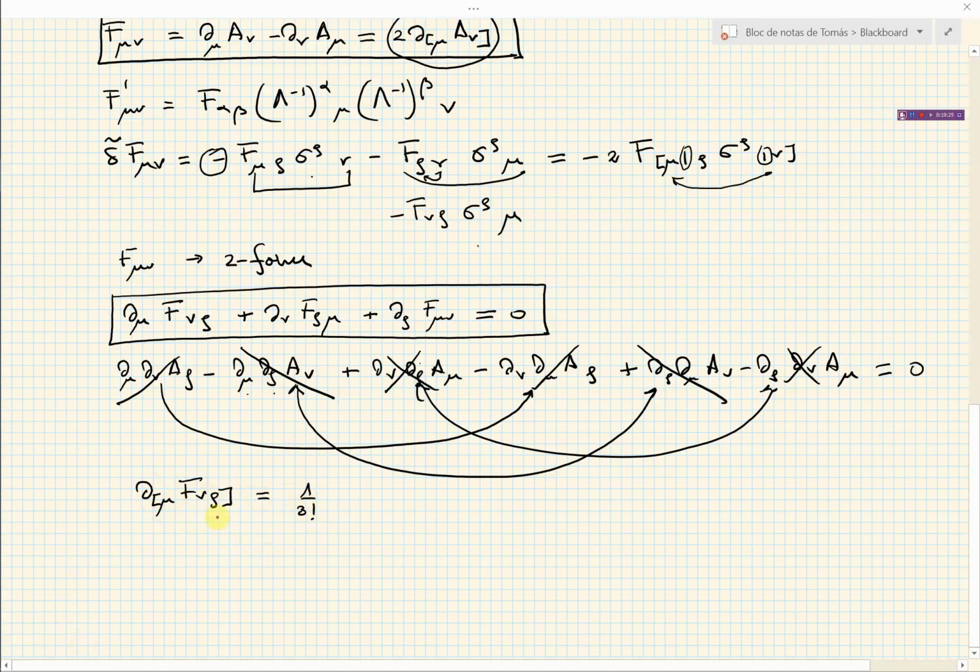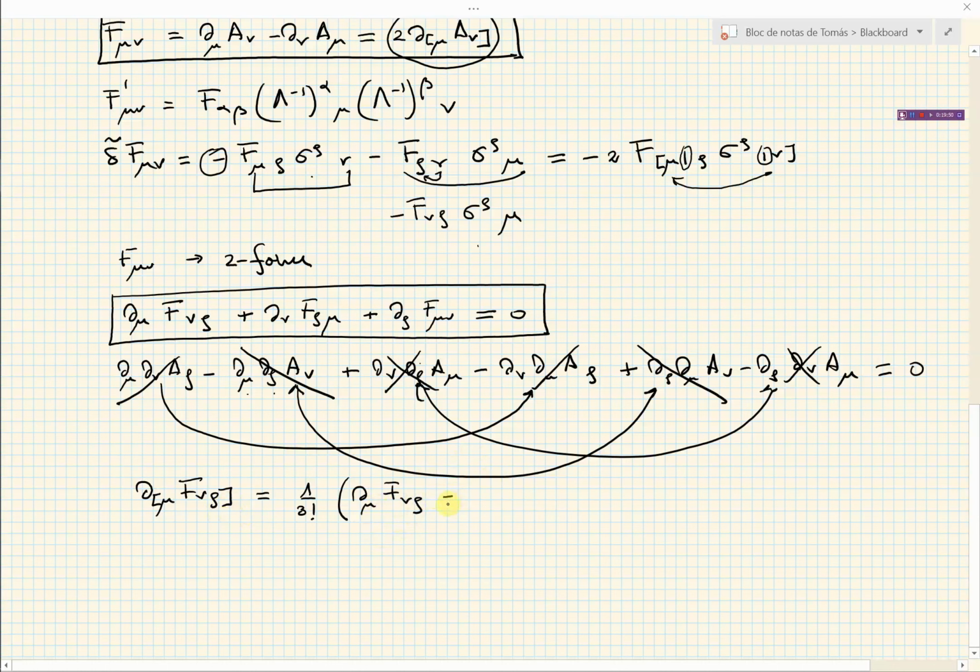All the possible permutations of these 3 indices are 3 factorial because there are 3 indices, and you have 3 factorial terms, the first of which will be partial mu F nu rho, and then terms that you obtain by permuting these indices and affected, because this is antisymmetrization, this is our square brackets, affected by the sign of the permutation.